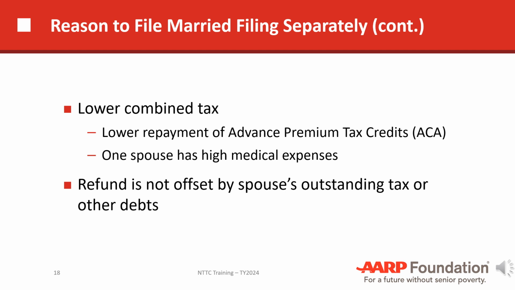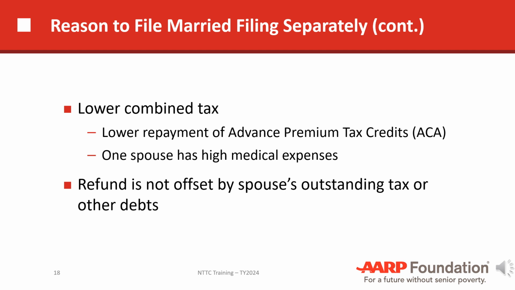So they may have to pay back less if they file separately. And sometimes there's a lower combined tax because one spouse has high medical expenses, and those high medical expenses end up benefiting that one spouse more than the expenses would benefit the couple on a joint return.